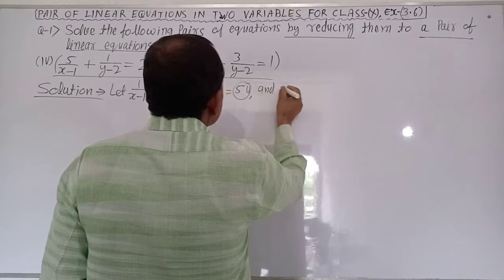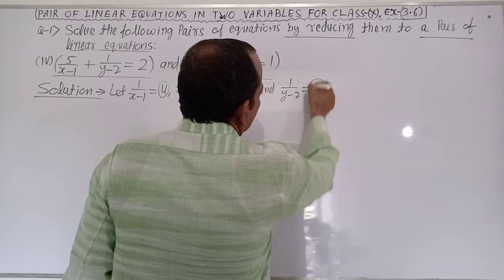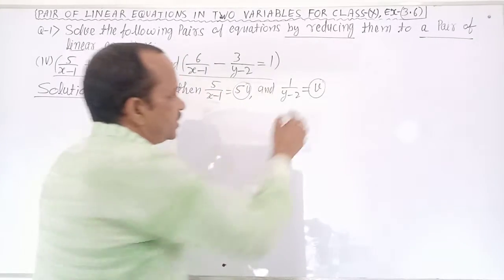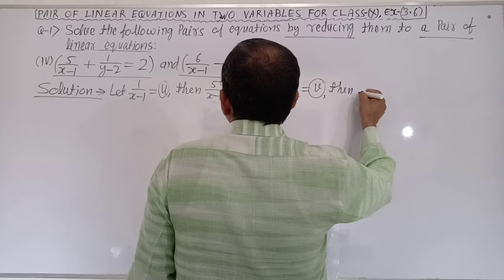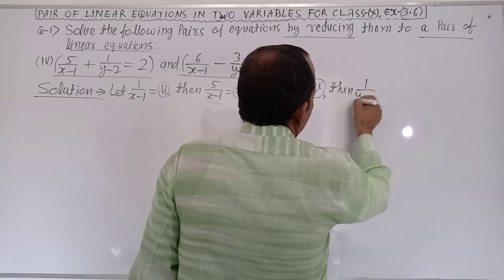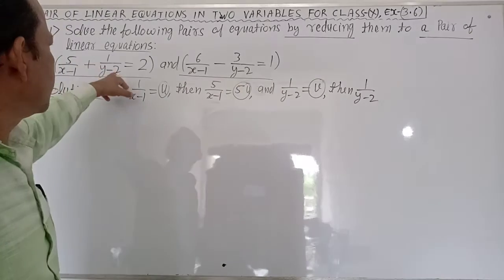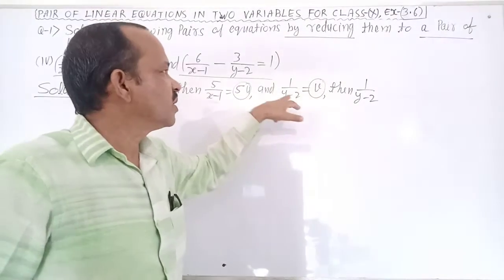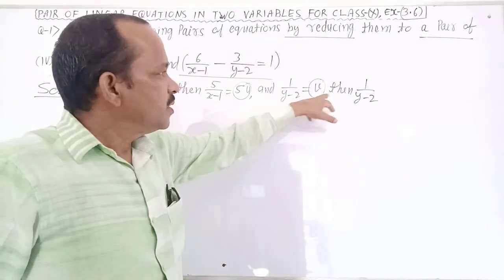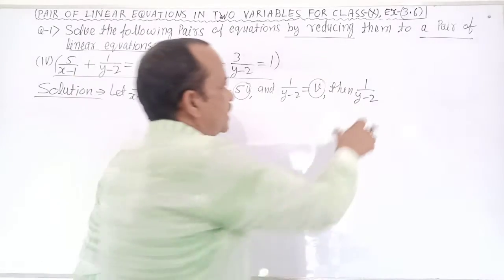And 1 by y minus 2 equal to v. Then 1 by y minus 2, here 1 by y minus 2 equal to v. Now you can write the equation here.